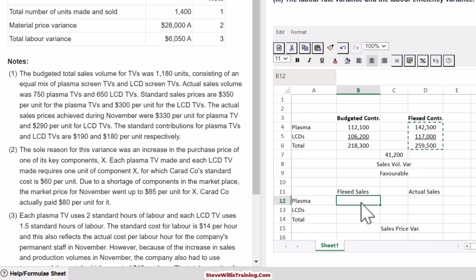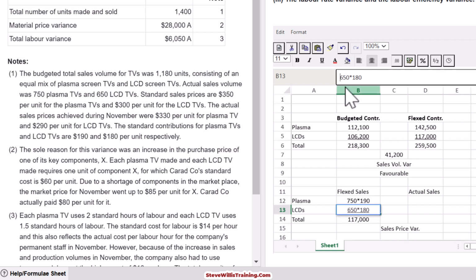So I'm going to just copy those there, and watch this. I'll just take away the equal sign here now, just to make it easier for our demo. At this point, I want to replace that standard contribution with the standard selling price. And I can find that right here. 350 and 300.